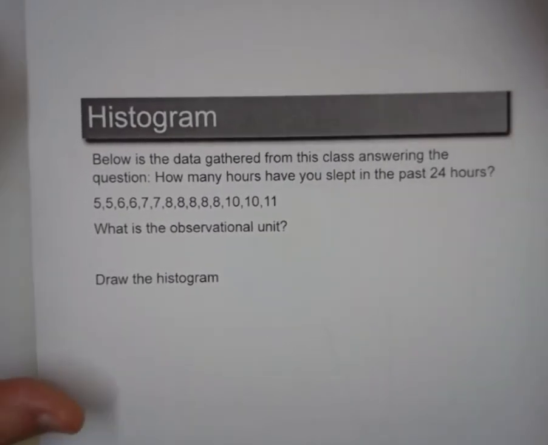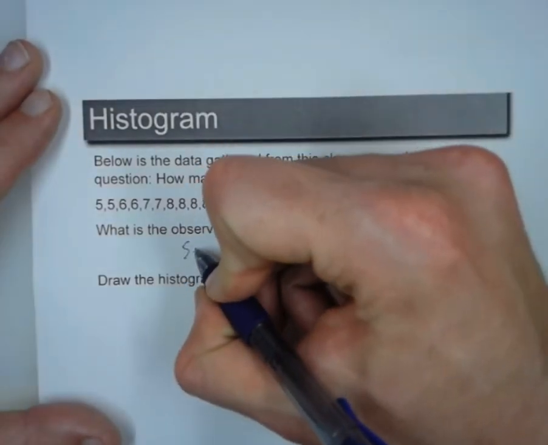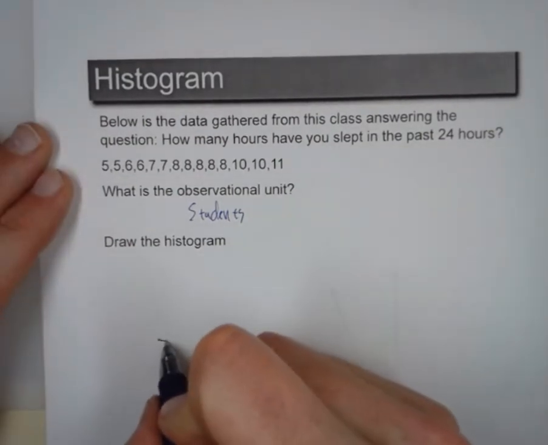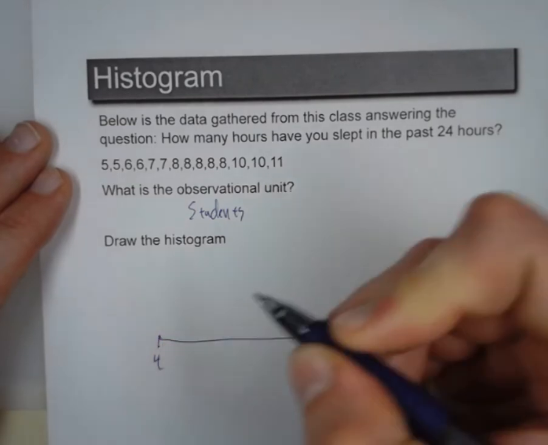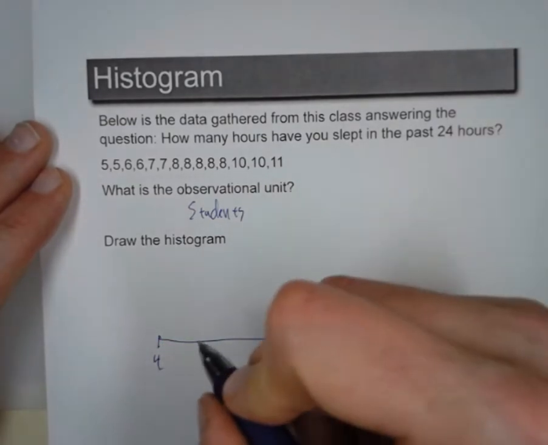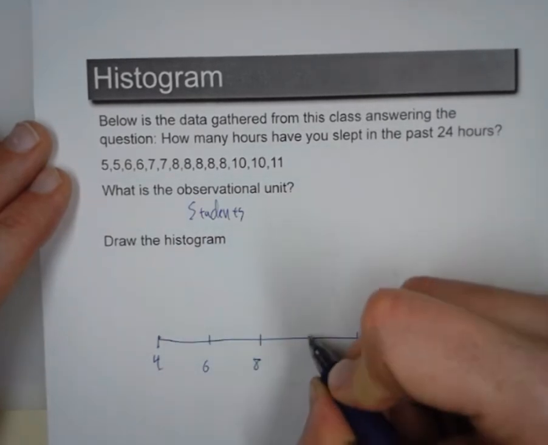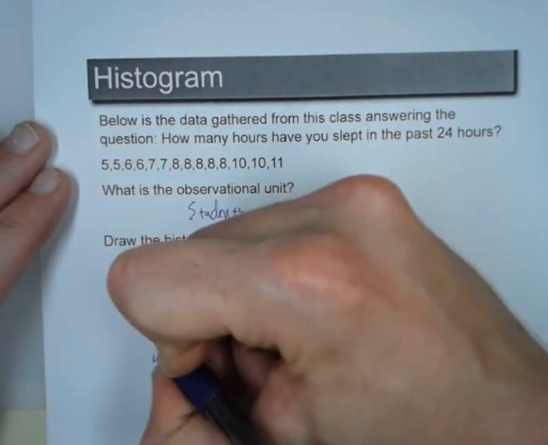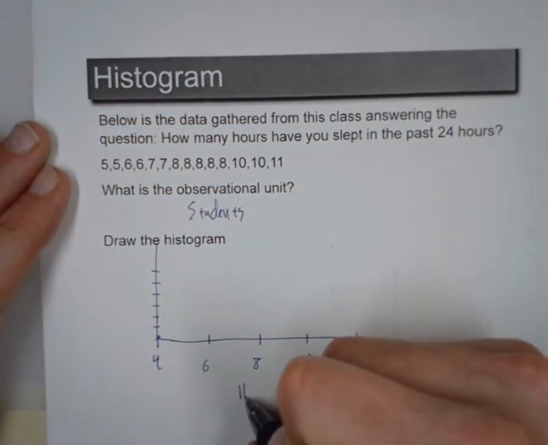So here, below is the data gathered from this class answering the question, how many hours have you slept in the past 24 hours? So this is students. So we want to draw this histogram. So this time I'll go from 4 to 12, and I'll break it up like this. Hours slept.